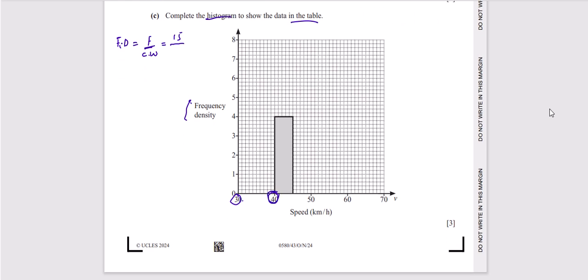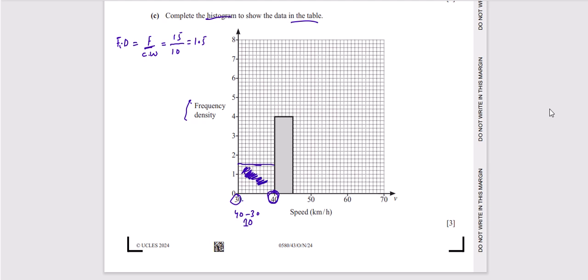The difference of upper and lower, 40 minus 30, that is equal to 10. So 15 divided with 10 is equal to 1.5. So 1.5 is here like this. Draw a straight line here, okay, and shade this area.